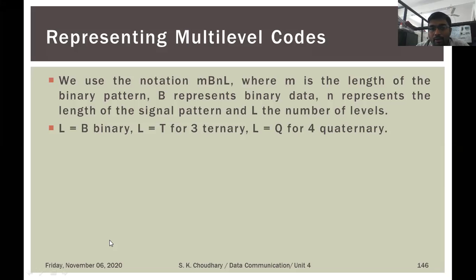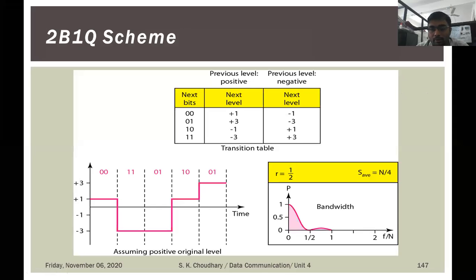So if L is equal to 2, it is called binary. If L is equal to 3, it is called ternary. If L is equal to 4, meaning 4 levels, it is called quaternary.